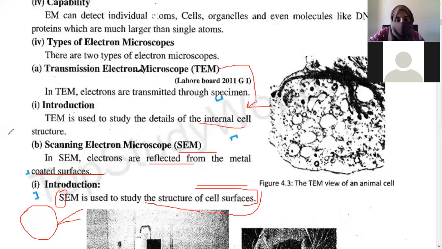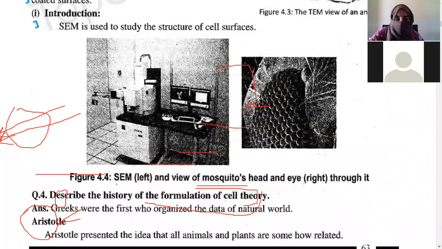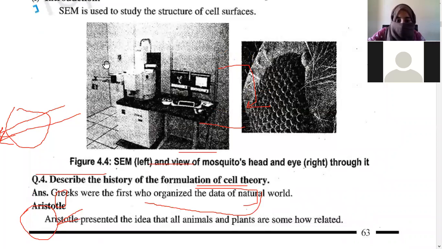If we want to study the internal structure of the cell, then the electron beam passes through the inside of the cell and gives us an image of the internal structure. Here is the picture of the electron microscope. This is the electron microscope. This is a vacuum tube, and these are the systems attached to the electron microscope.